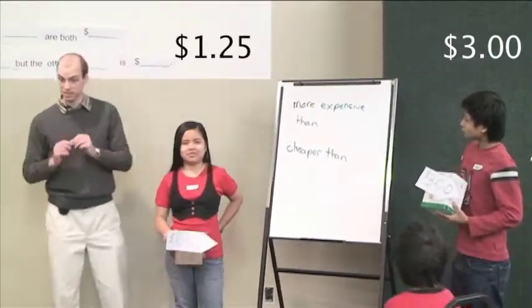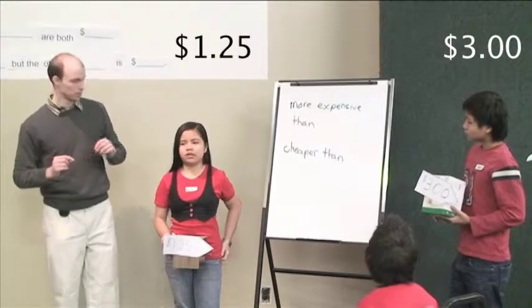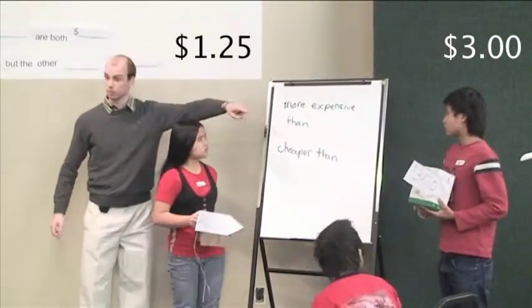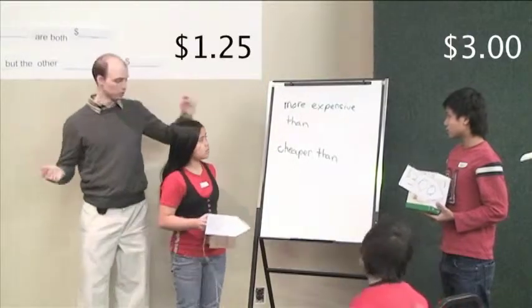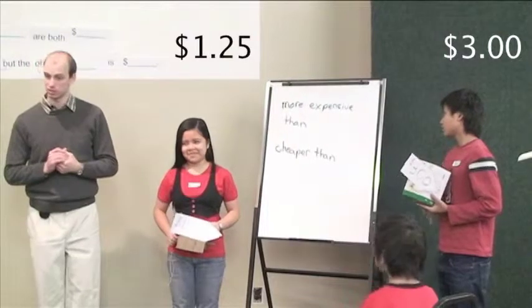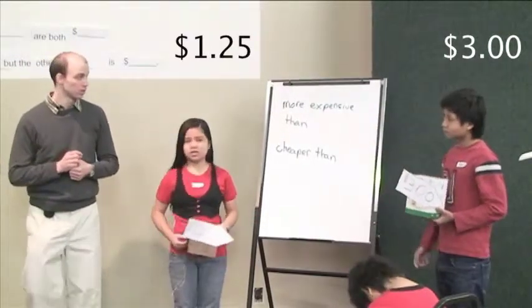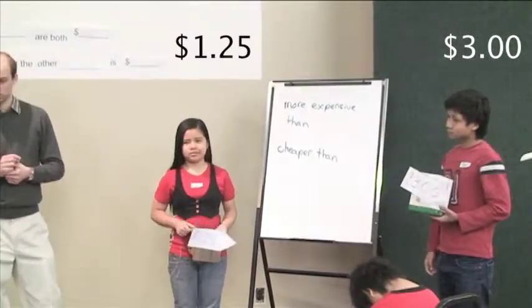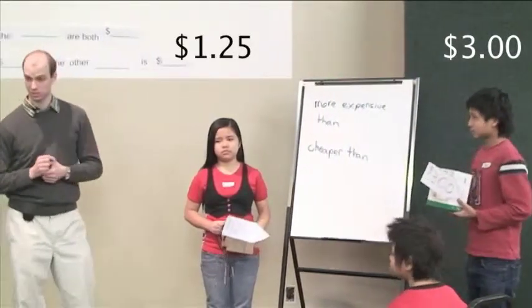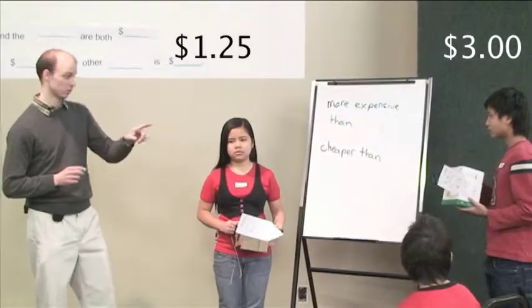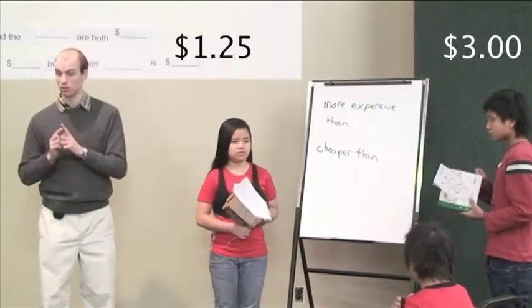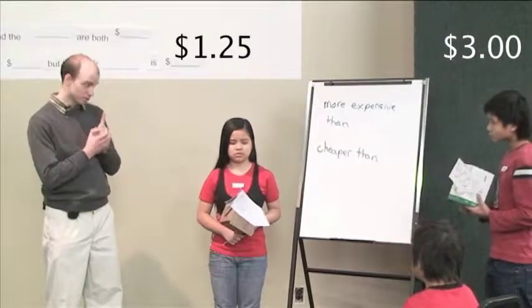Which is the right sentence here? 125 is more expensive than $3, or 125 is cheaper than $3? Top one or the bottom one? Top one? Which one is more expensive? Yours, okay? So if yours is more expensive, yours has to go first.